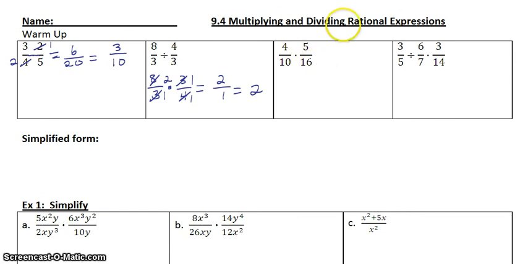Let's try the same strategy with this next one. So think in your mind, what on top and bottom has a common factor that can be pulled out? I immediately notice 5 and 10 have a common factor of 5. So divide by 5 is 1, divide by 5 is 2. Alright, what else has a common factor? Let's see here. 4 and 16 have a common factor of 4.